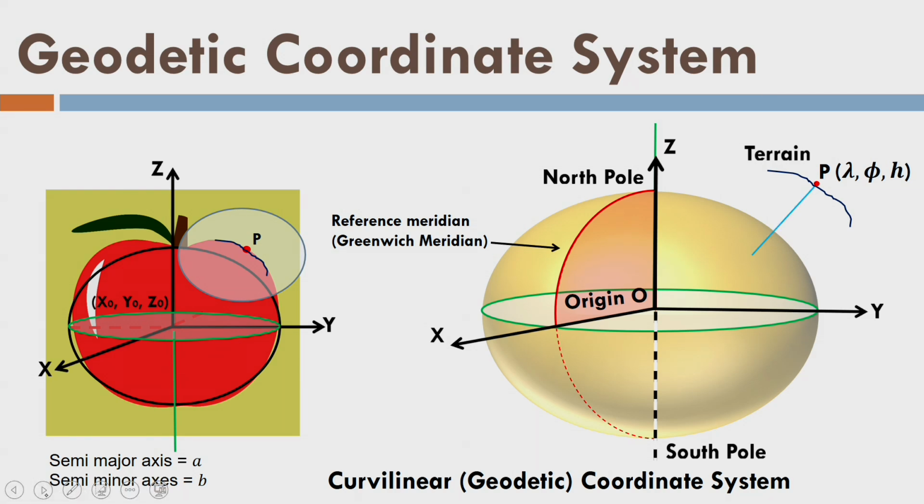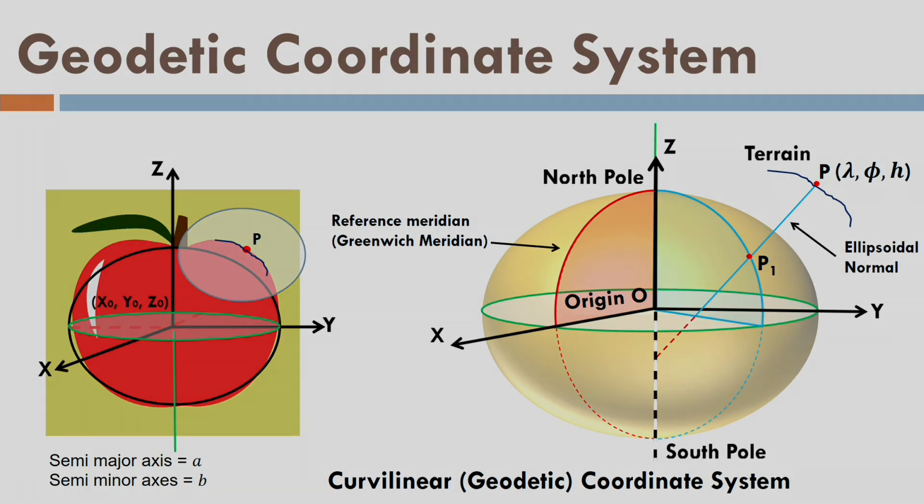So this is the perpendicular, and this is the intersection point of the ellipsoid with the perpendicular line from point P. Now if I extend the perpendicular line to the equator, it will cut here, and if I further extend it, it will cut the rotation axis of the Earth. So this line is called the ellipsoidal normal, the whole line from point P to the rotation axis, and this line is perpendicular to the ellipsoid.